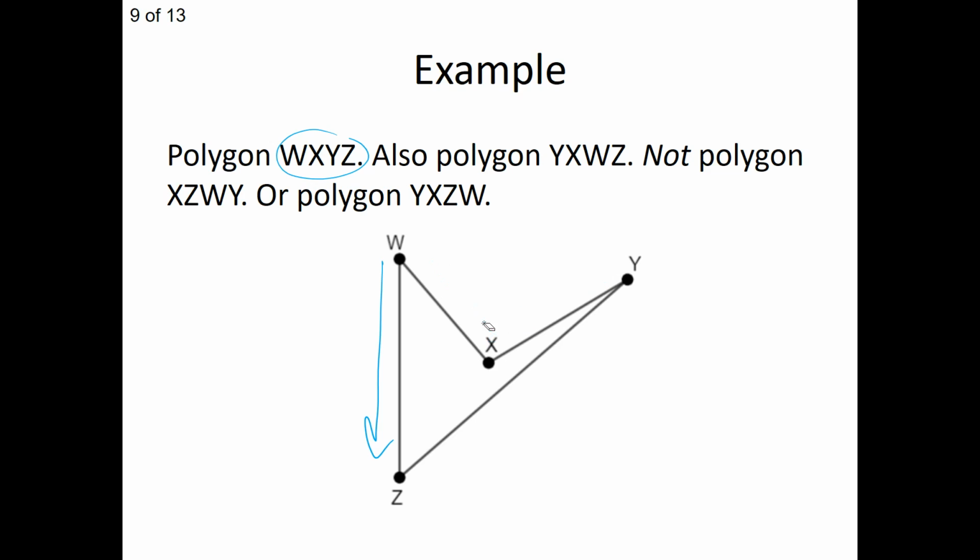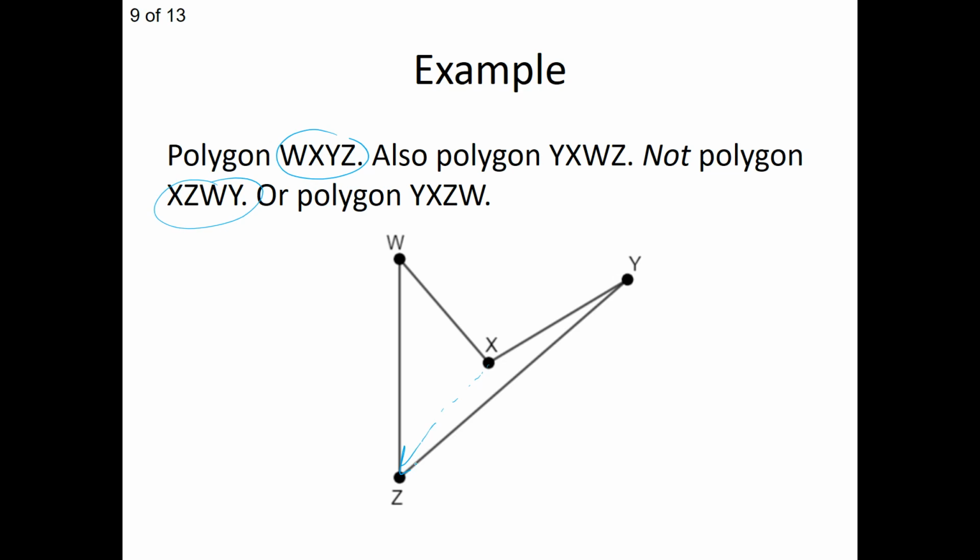What we have to avoid is traveling along the diagonal. I can only travel along the sides. I cannot travel along diagonals. So for example, this one here, X, Z, W, Y, let's watch what happens. XZ, oh, wait a minute. XZ goes along a diagonal.